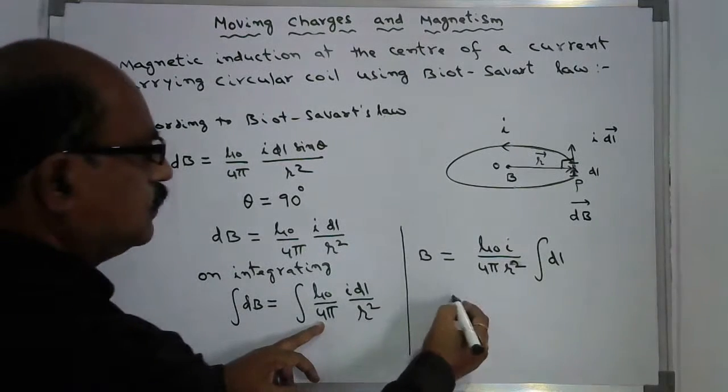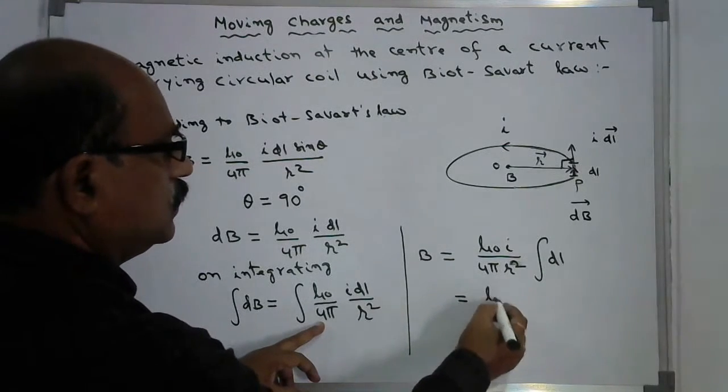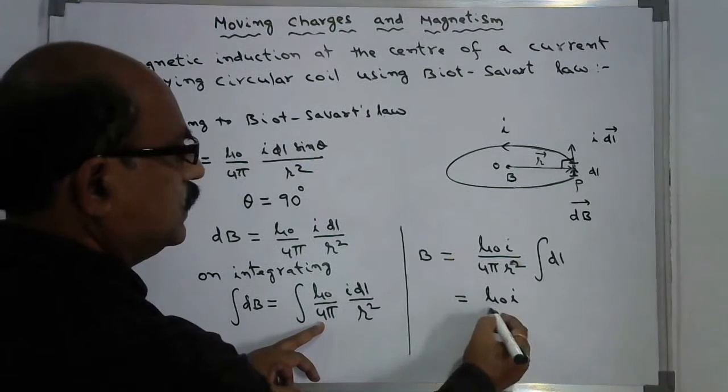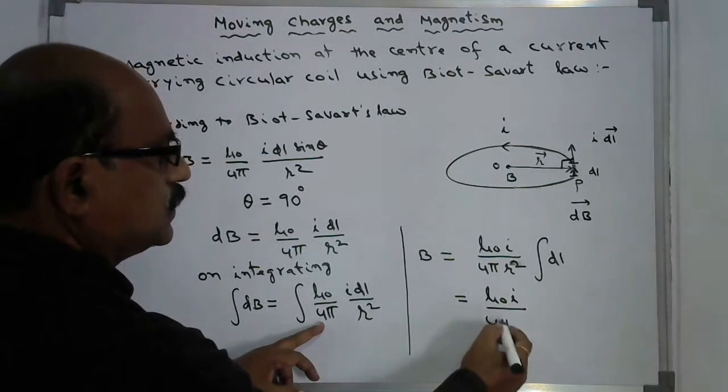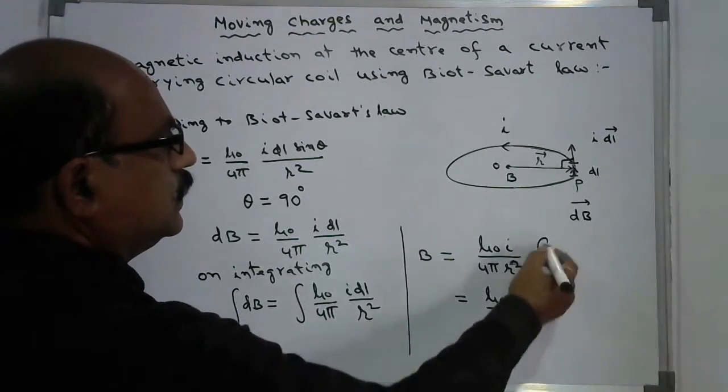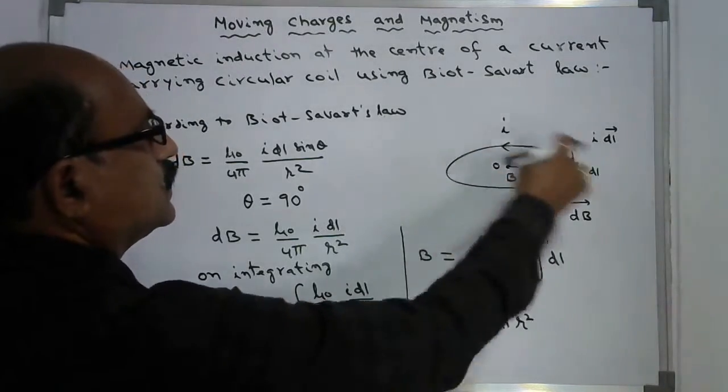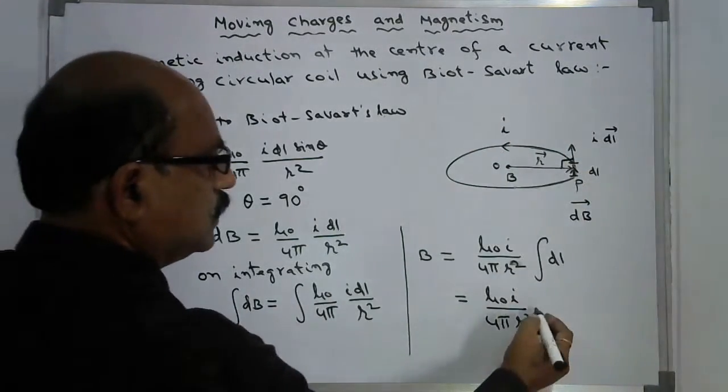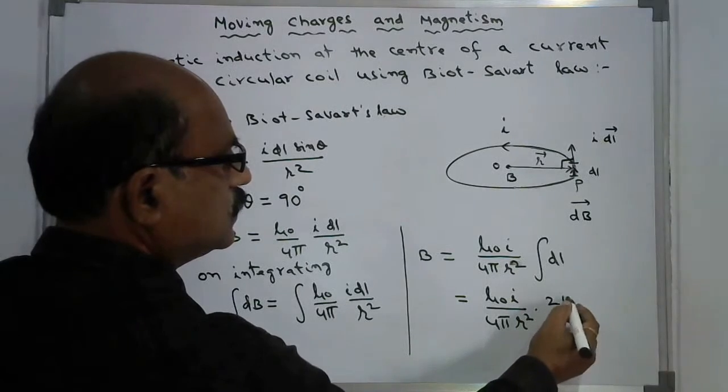This is equal to mu naught I by 4 pi r square times integral dl, which is the circumference of this circle of radius r. So I write here this is 2 pi r.